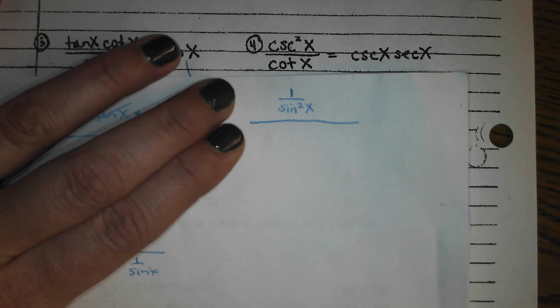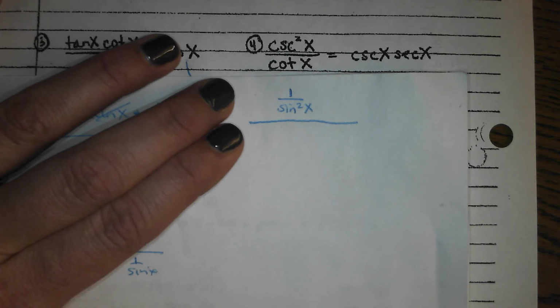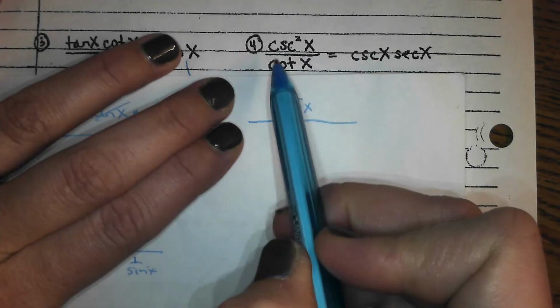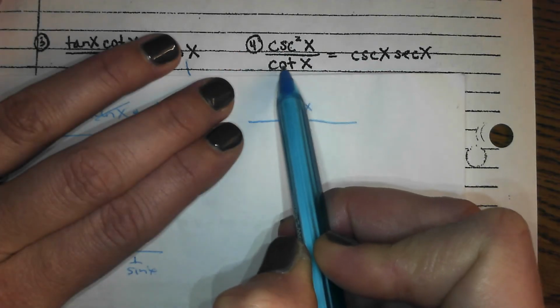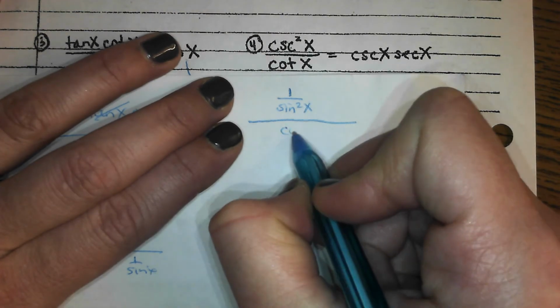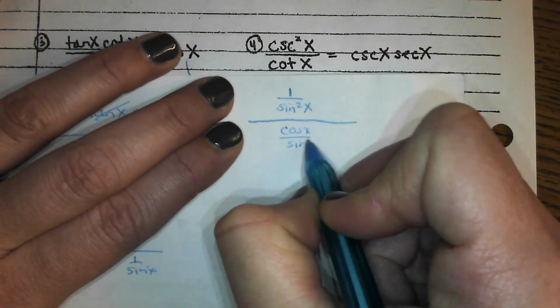Cotangent is what over what? 1 over tan, but let's pretend I was getting all sines and cosines. No, sine over cos is tangent. So cotangent would be cos over sine. Follow? If tangent is sine over cosine, cotangent is cosine over sine.